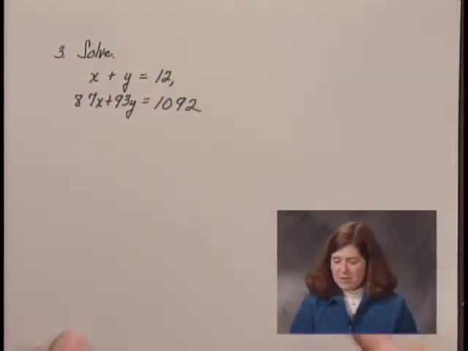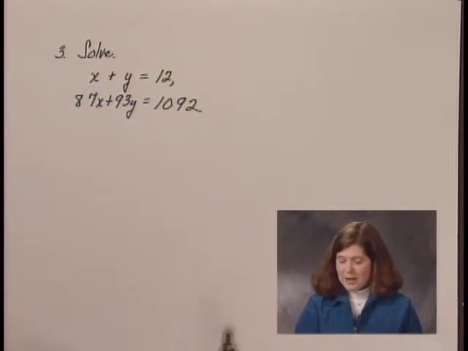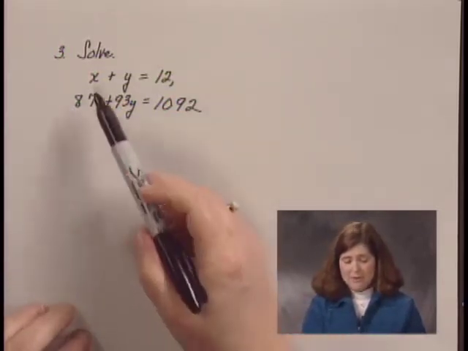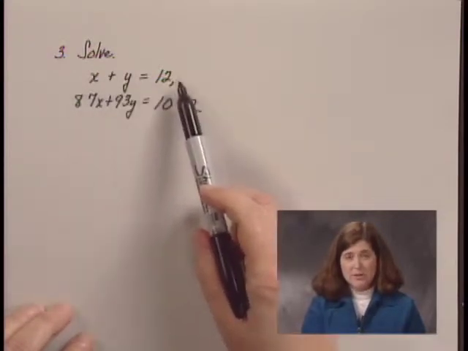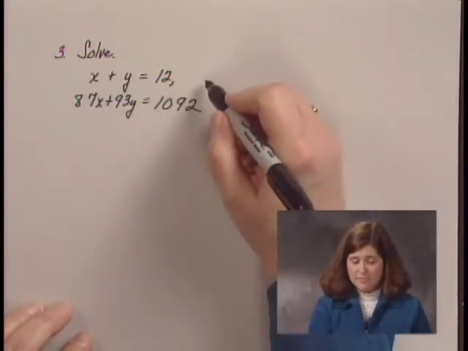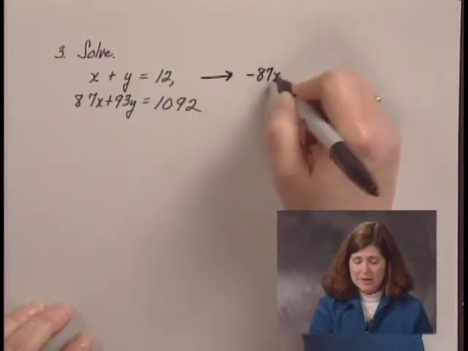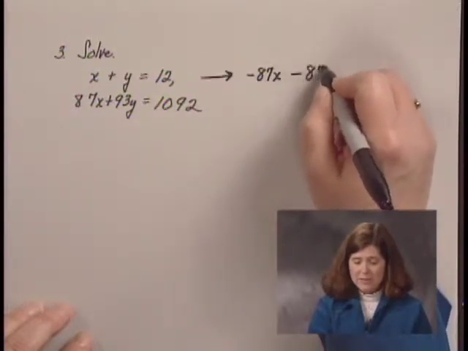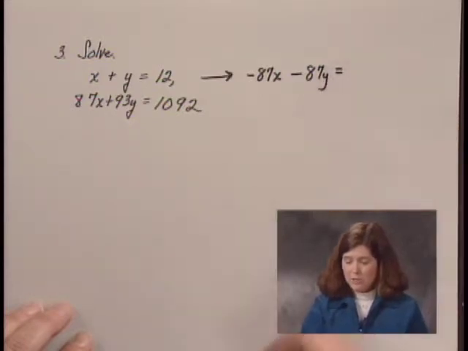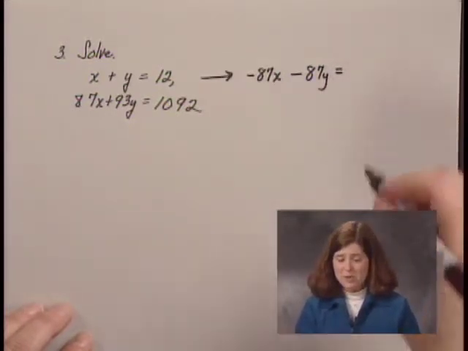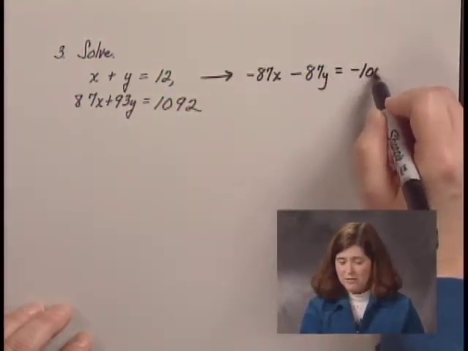Solving that, because it's written in this form, I'm going to solve it using elimination. I'm going to eliminate the x's, so I multiply the first equation by negative 87. I get negative 87x minus 87y equals negative 87 times 12, which is negative 1,044.